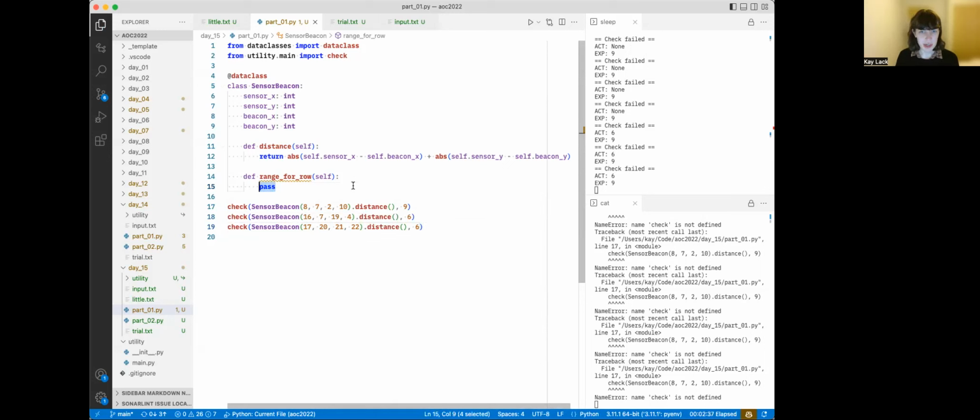Great. Okay, now range for row. We're going to use my formula for this. So return self sensor x minus self distance plus the absolute value of self sensor y. I'm sure we could make this simpler in some way, but I'm not going to.